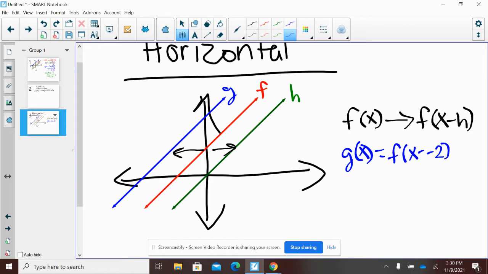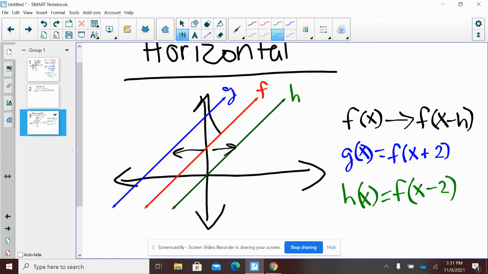We don't like to see double negatives, so that would actually look like this, x plus 2. So g of x is just our original function shifted 2 units to the left. h of x is our original function, but now it is shifted 2 units to the right. So since our h value is 2, it's going to be x minus 2. Horizontally is always opposite of what we think.